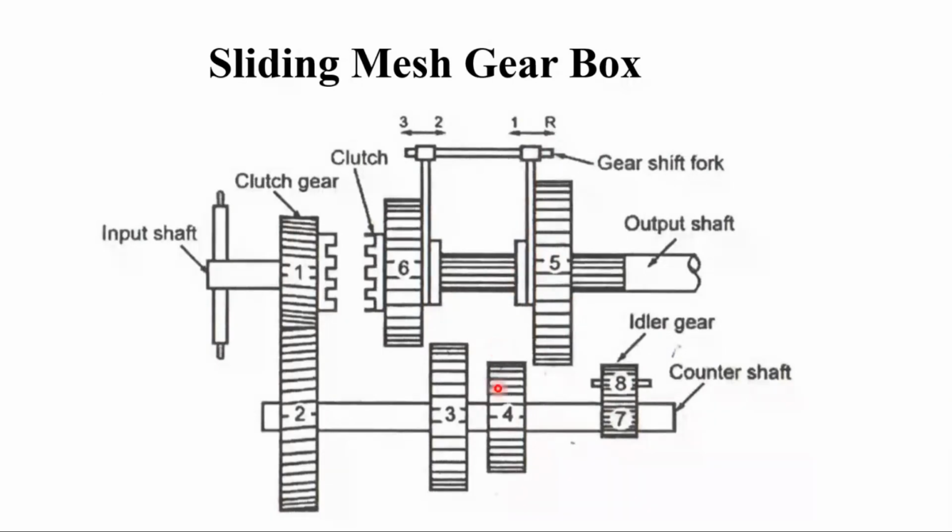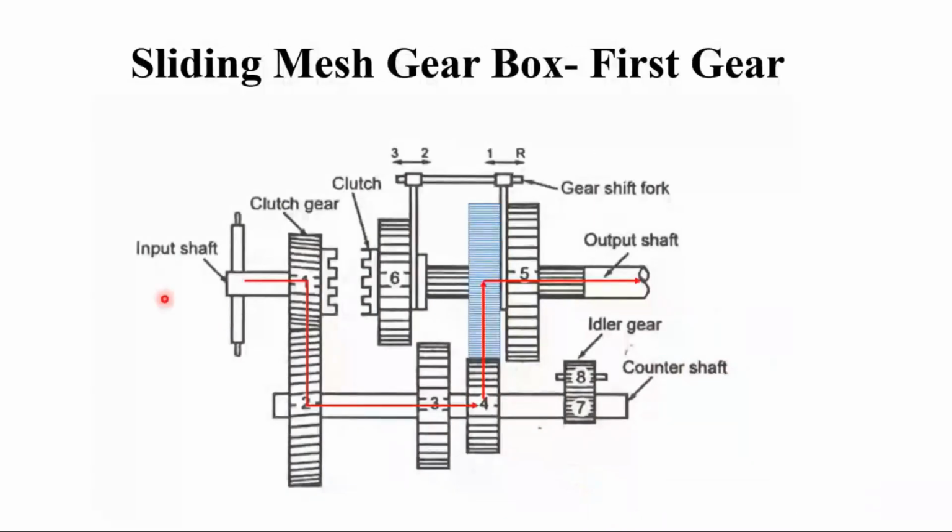This will get engaged with gear number 4 and the power flows. The power from the input shaft goes to gear 1, and it goes to gear number 2, then to gear number 4, then to gear number 5, and goes to the output shaft.